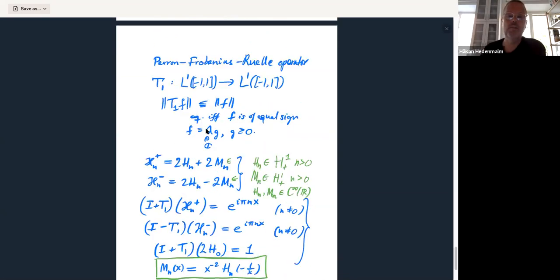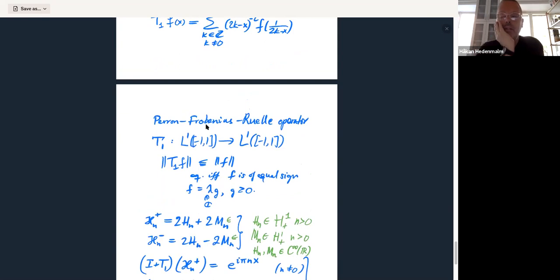And then the matter was about invariant functions under T1 squared, and there were no such functions in L1 for dynamic reasons.